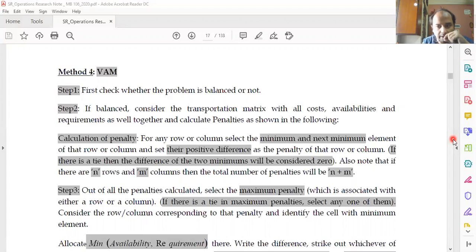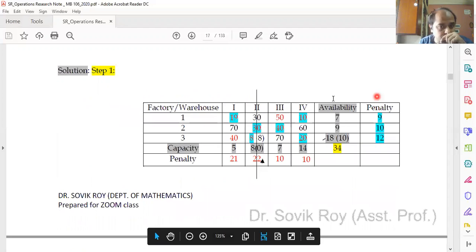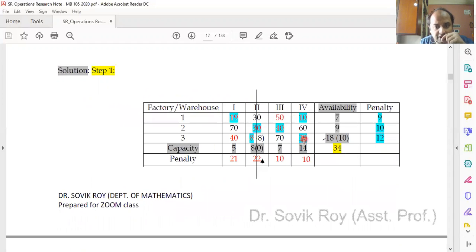Okay, so I'm scrolling down. This is the problem which I discussed on the first day of transportation problem. All the costs are given over here. These are the rows. How many costs are there?